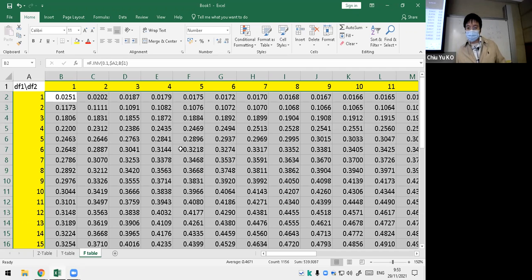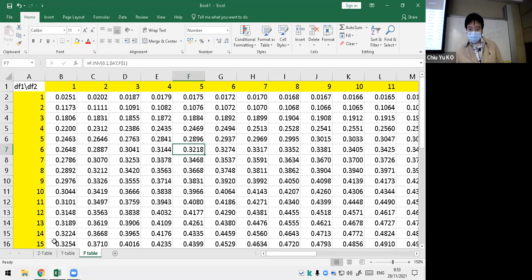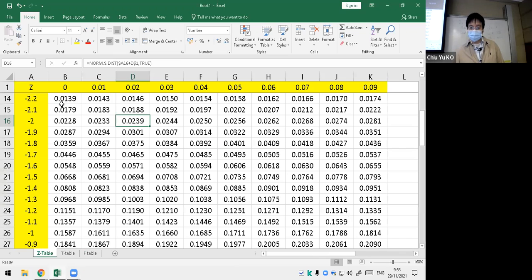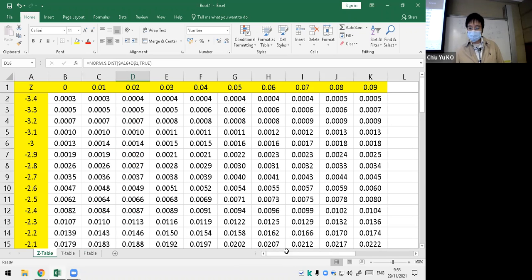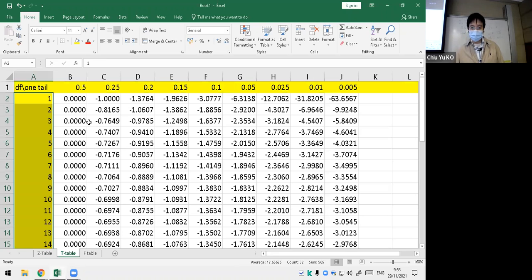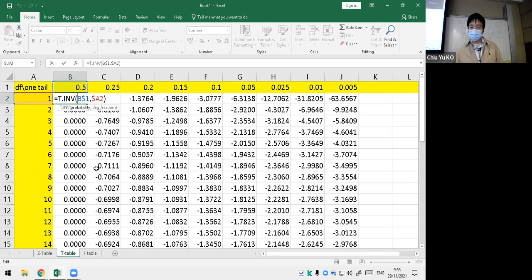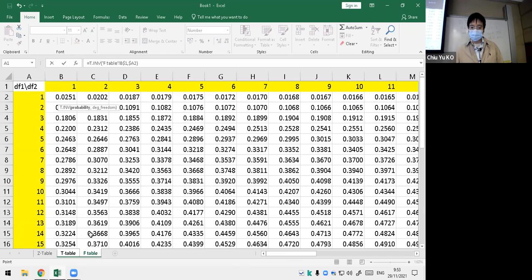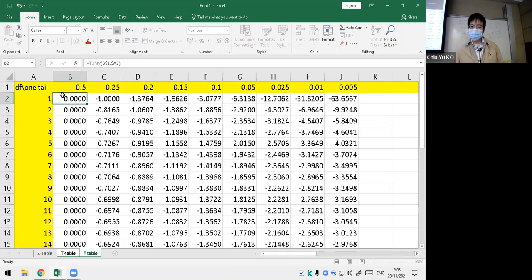So what we are doing is showing you how to do the T table, along with the Z table, and telling you that the T table is T inverse, and F is also inverse.